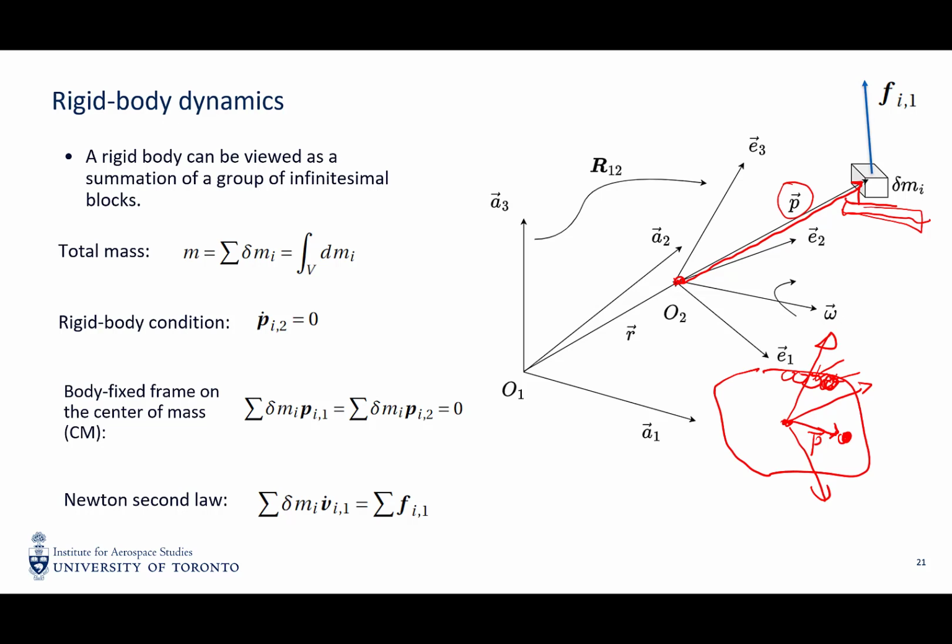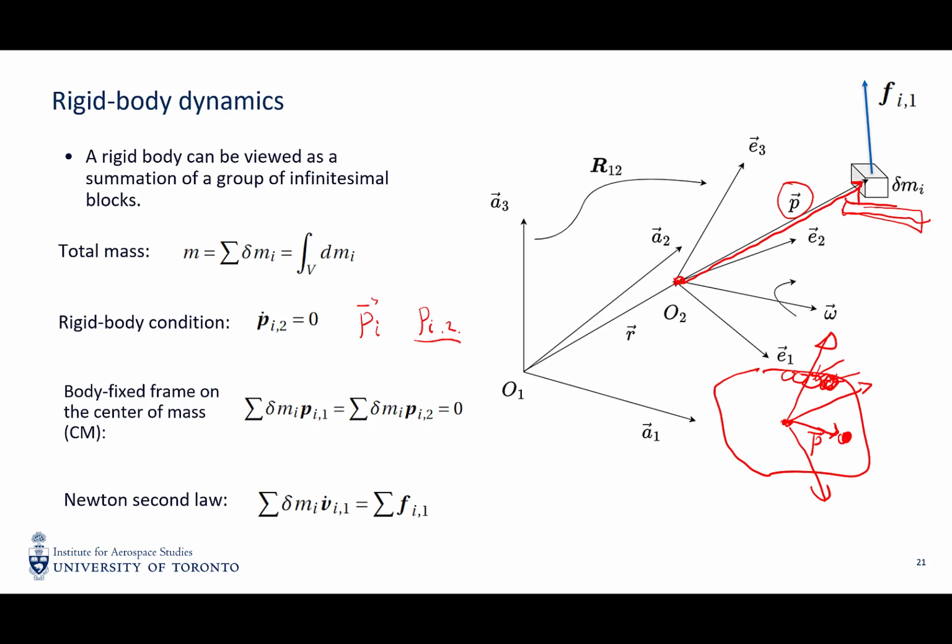So if we express the vector P, or vector Pi for the ith point mass, in frame 2, which is the body fixed frame, as Pi2, then Pi2 is the coordinate of the vector P expressed in the body fixed frame.